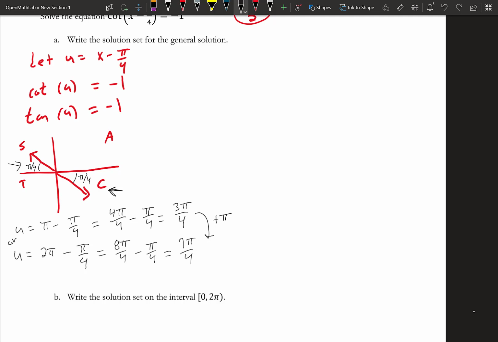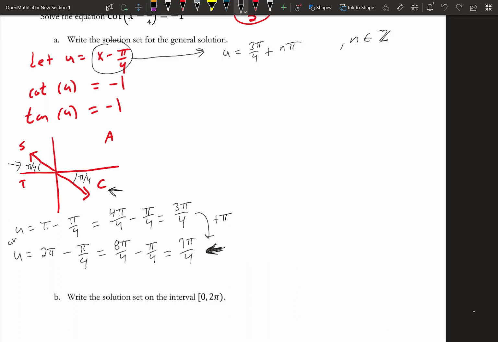If I just write down u equals 3 pi over 4 plus n pi, multiples of pi, that's going to give me all of the solutions. So that's really the only equation I need, where of course n is an integer.